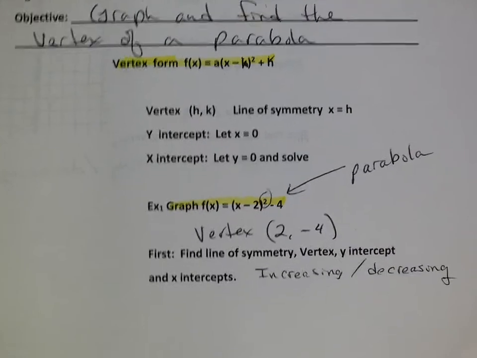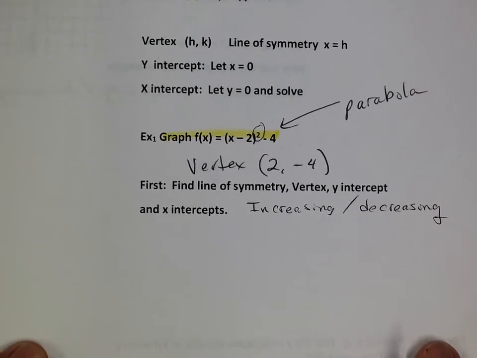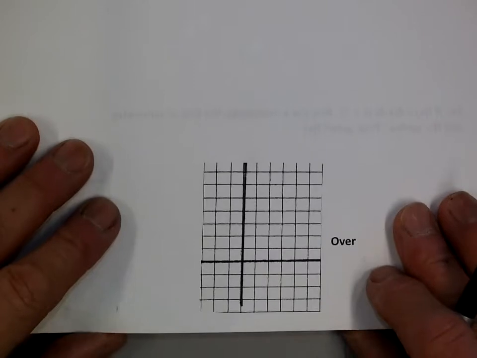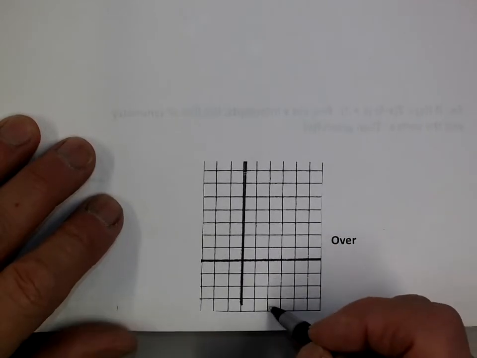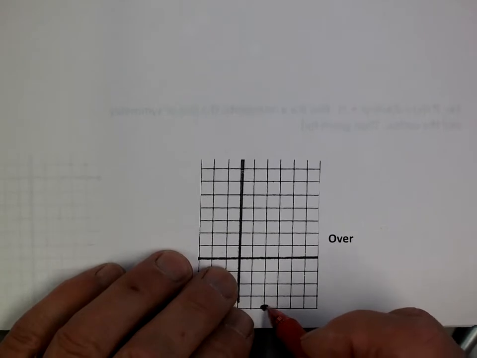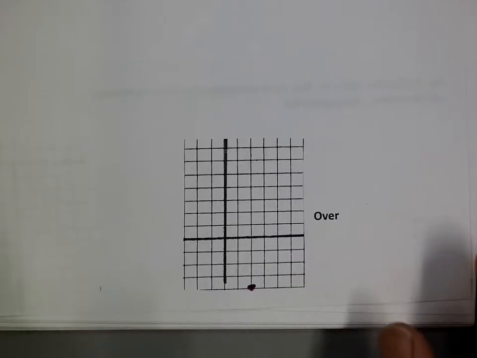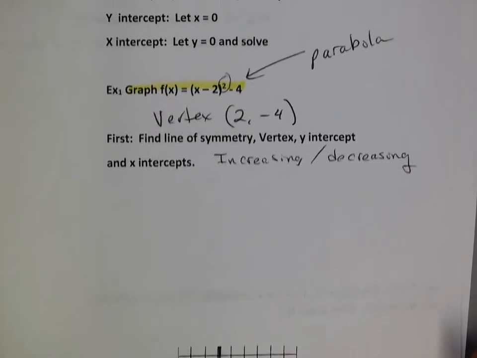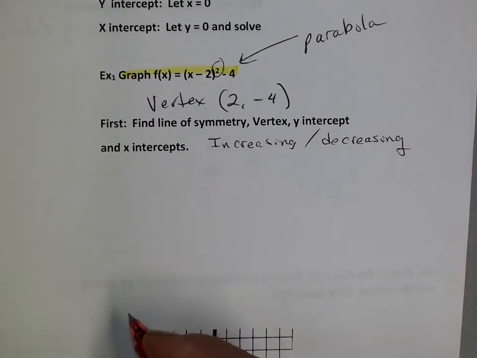And so then to make it easier, I'll just put that on my graph. Positive 2, negative 4, put that right there. So that's my vertex. Slide it back up. What else do I have to do? Okay, so then find the line of symmetry.